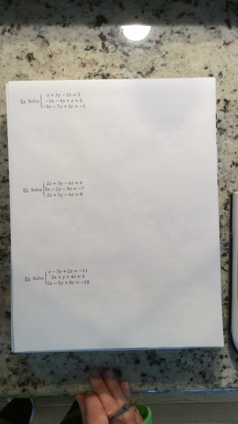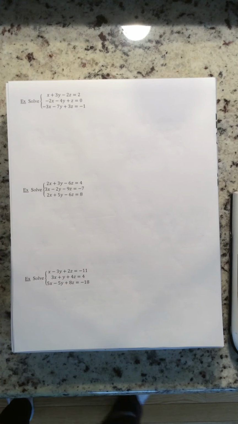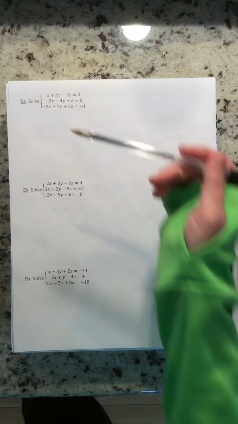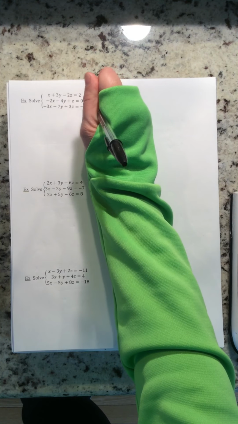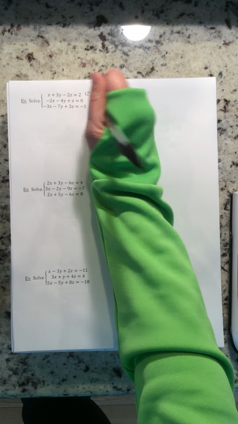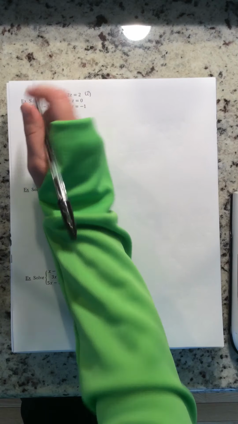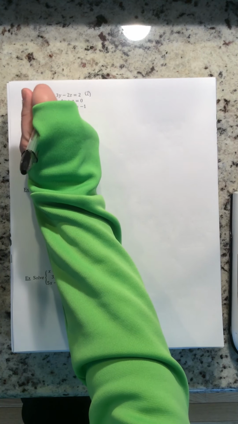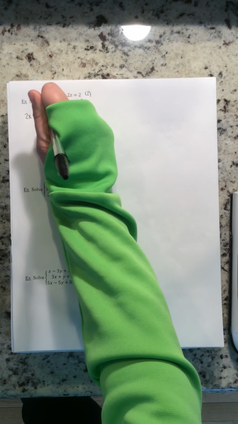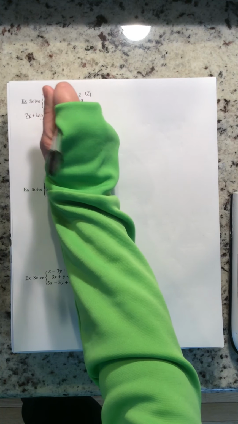Up at the top of the page there, if we're trying to eliminate x and we're just looking at the first two equations, I would start by multiplying the top by 2 to obtain 2x plus 6y minus 4z is equal to 4.